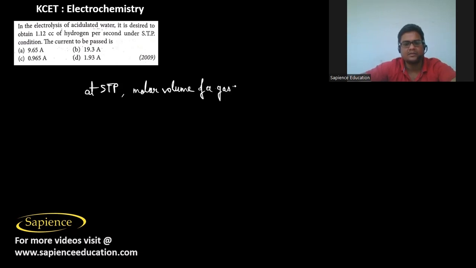As you know, at STP the molar volume of any ideal gas is 22.4 liters, or 22,400 milliliters, or centimeter cube. Here the volume of the hydrogen gas being told is 1.12 cc.